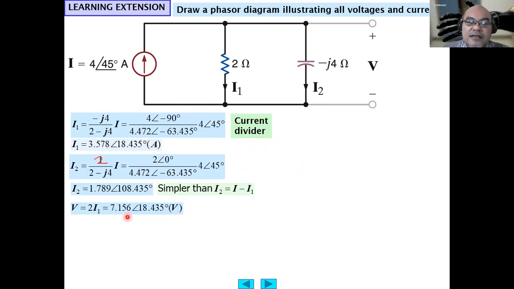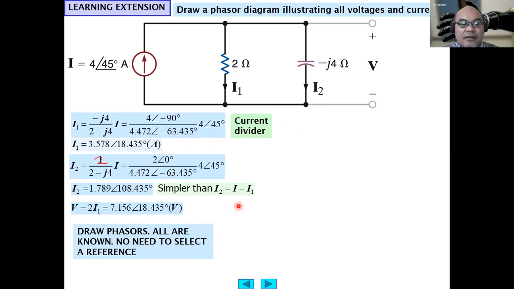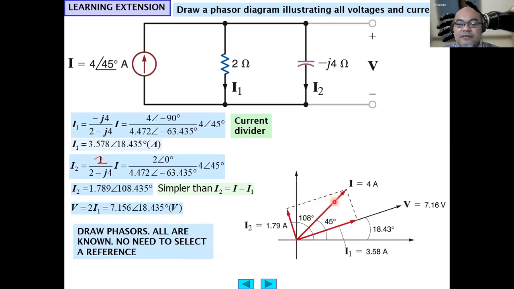So the voltage across will then be 2 times I1. Now if we draw the phasors, we need to check the reference. So the voltage is 7.16 here with an angle of 18.43 degrees. The current I1 is 3.578, the same angle as the voltage, right?